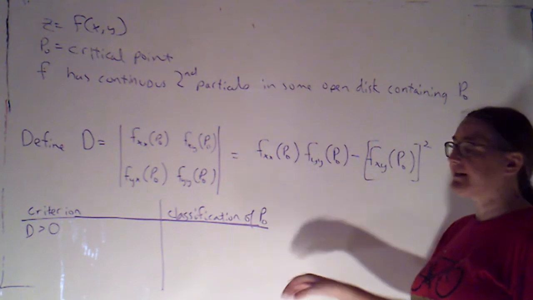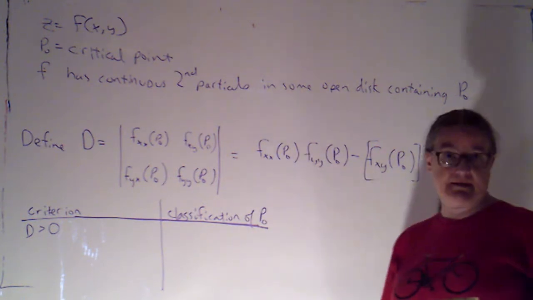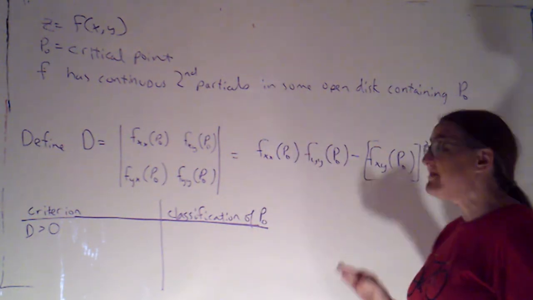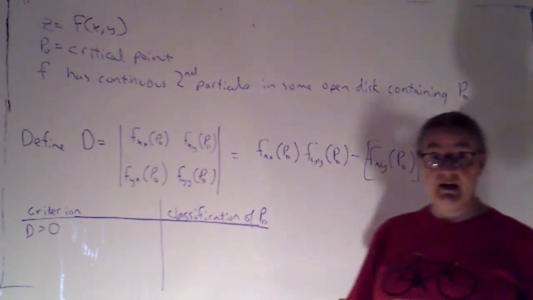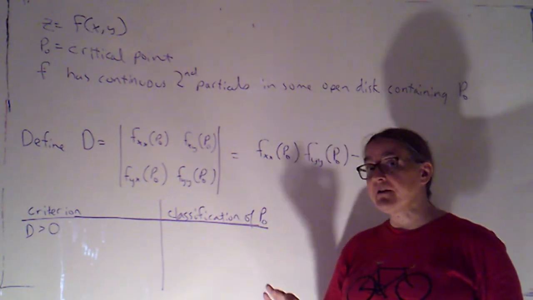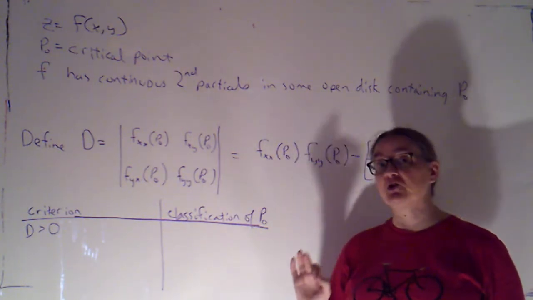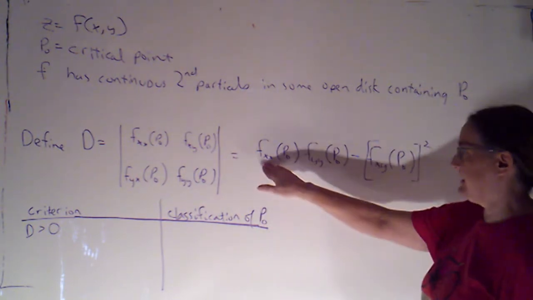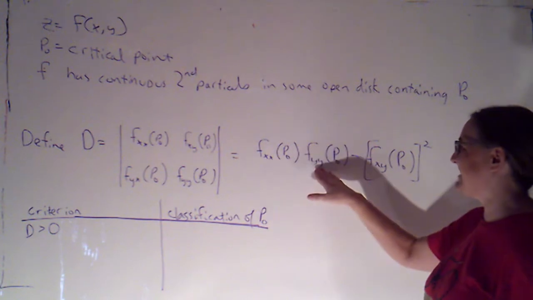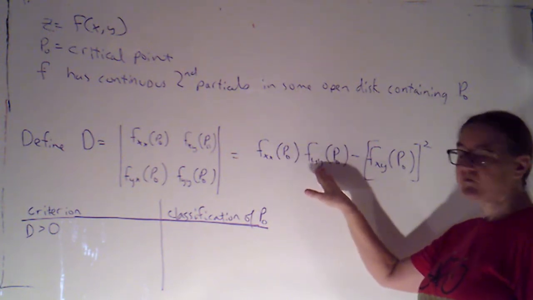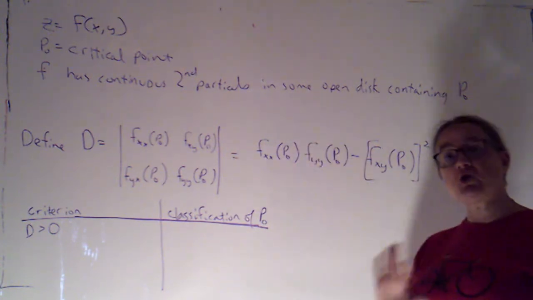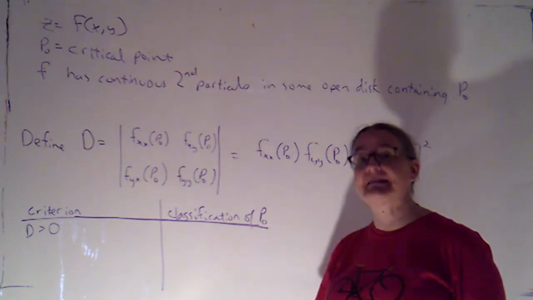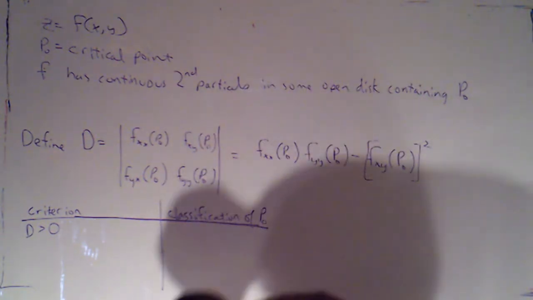That's kind of cool, because I understand what the non-mixed second partials are doing. They're actually giving me the second derivative of the cross-sectional curve in the planes I get by holding, in this case, y constant, and in this case, x constant. So that would say that those two cross-sectional curves had the same concavity.